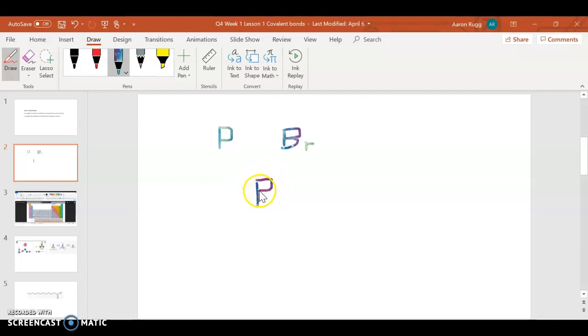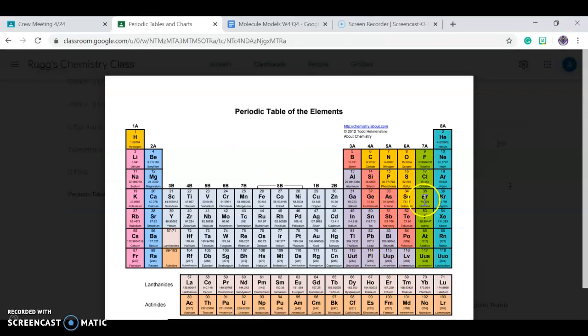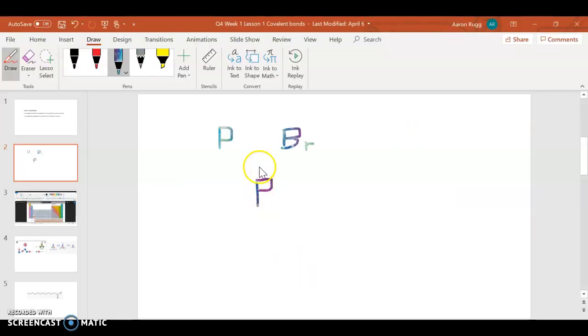So I draw phosphorus, go back to my periodic table, right? Two nonmetals. This guy has 5 valence electrons. This guy has 7, right? So if it has 5, 1, 2, 3, 4, 5, I'm spreading my electrons out. So the Lewis dot structure for covalent is different. Now I have a bromine atom.